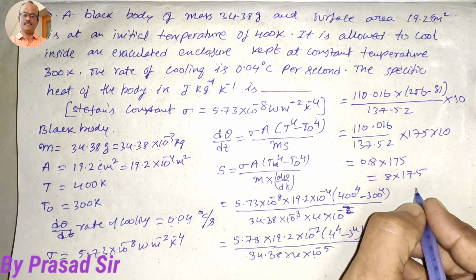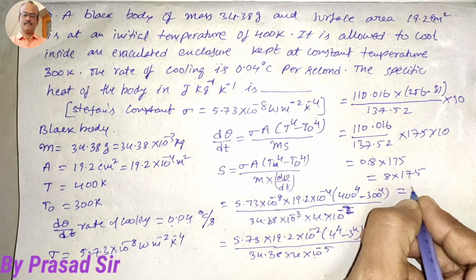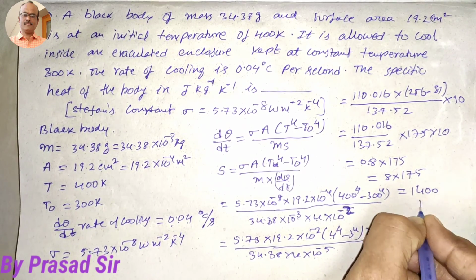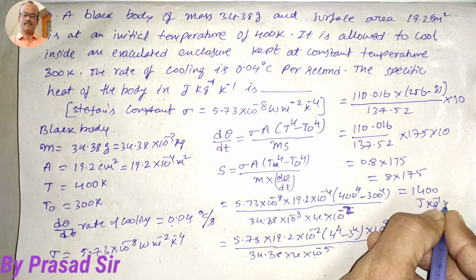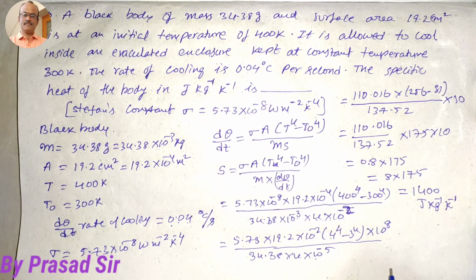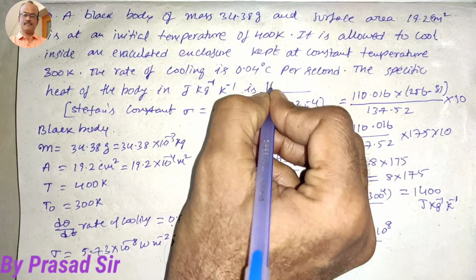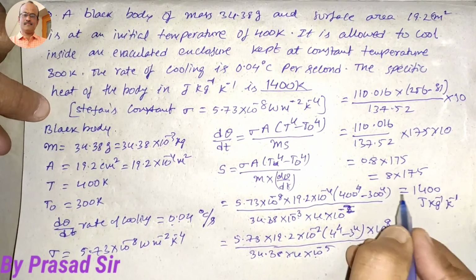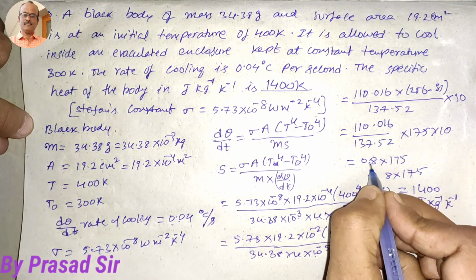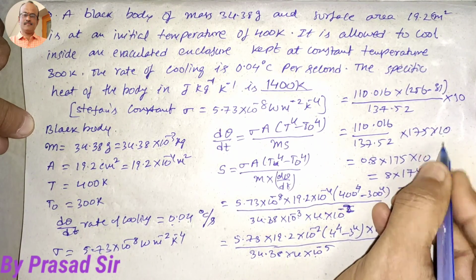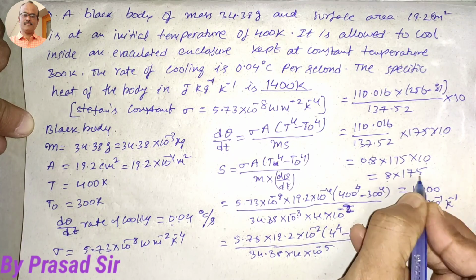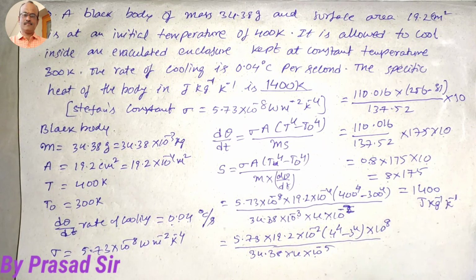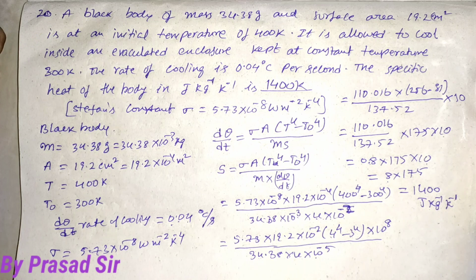On solving this one, we will get 1400 joule kg to the power of minus 1 K to the power of minus 1. So we are getting this answer, which option is correct here? 1400. Now here how it got 0.8, 10 is multiplied with 8, 8 into 175, 1400 joule kg to the power of minus 1 Kelvin to the power of minus 1.